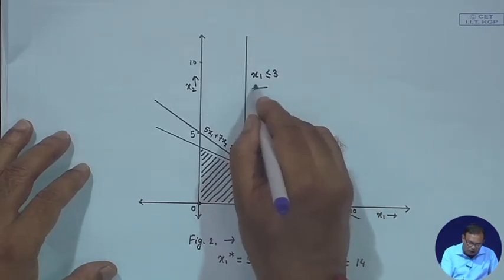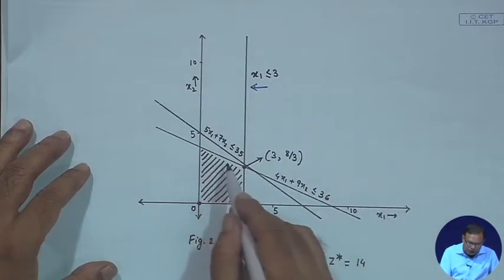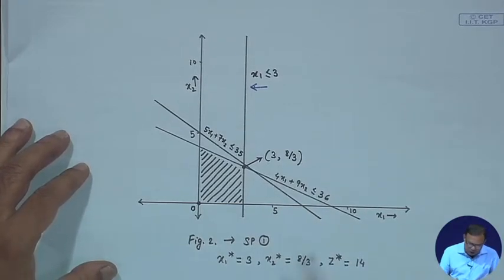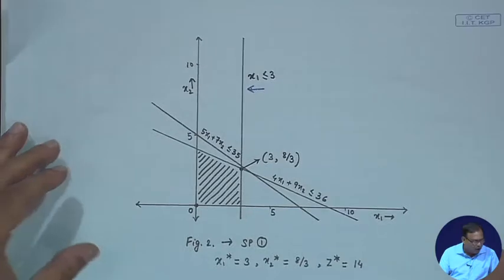This is the bound, in this direction. Your feasible region is the shaded one, and if you calculate, you will find the solution at the point 3, 8 by 3. So the solution for the first problem is x1 equals 3, x2 is 8 by 3, and z star equals 14.